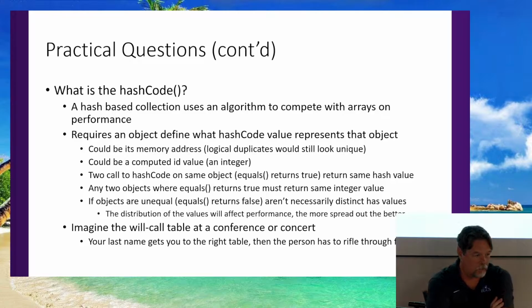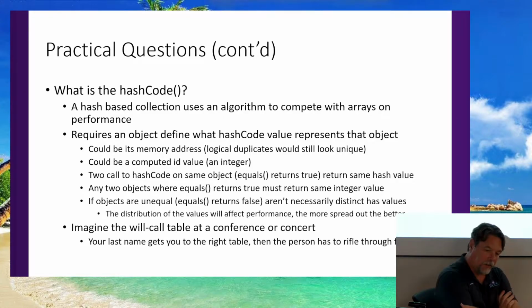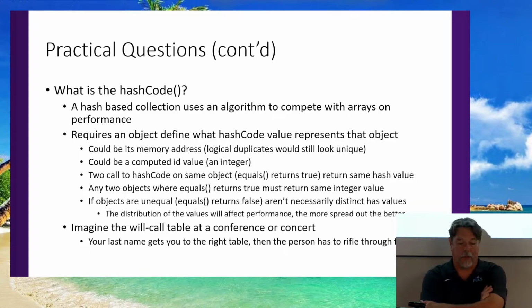The wizards of computer science came up with a collection that uses hash codes to identify the elements, which allows them to implement it in such a way that you get much of the performance benefit of arrays. That's why we do hash codes.